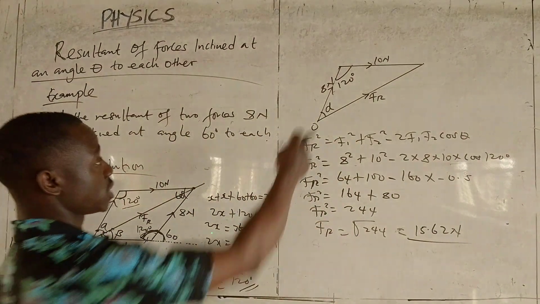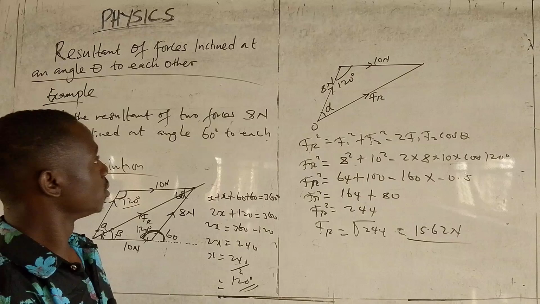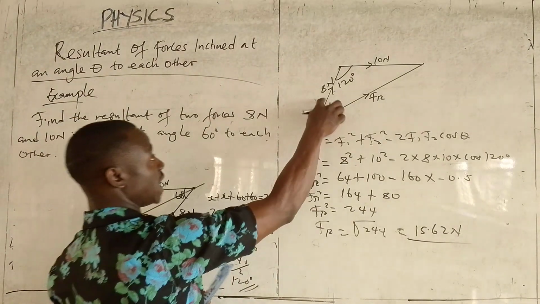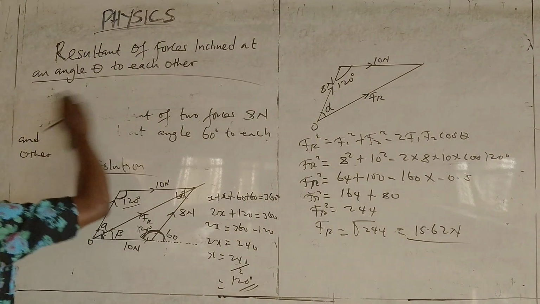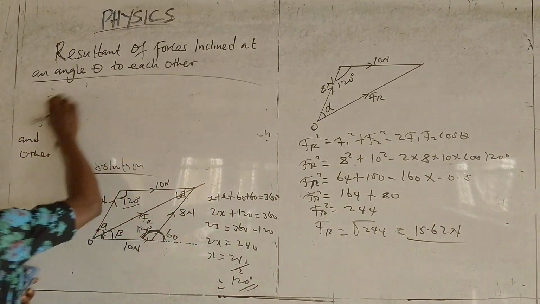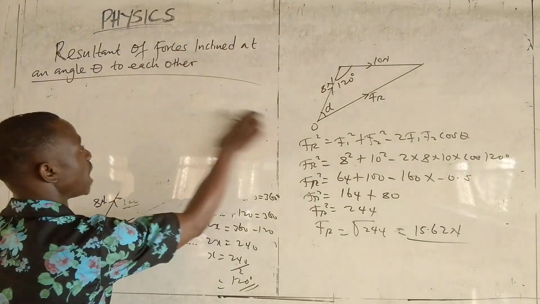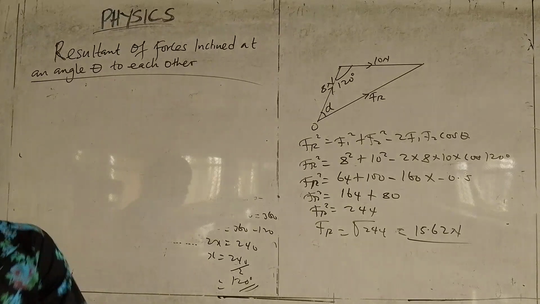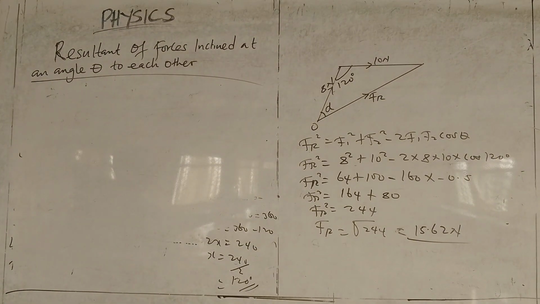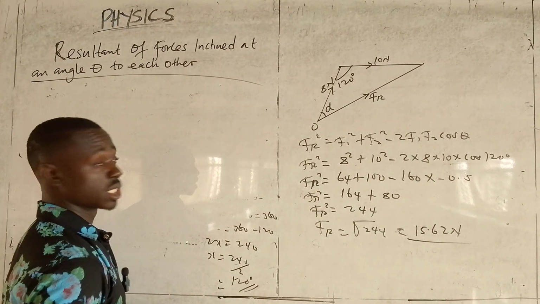Now we need direction. The angle between the resultant and this particular 8 Newton force. So we used the cosine rule to find the magnitude of our resultant. Now we are going to use the sine rule to find the direction. I believe you can still remember the sine rule.